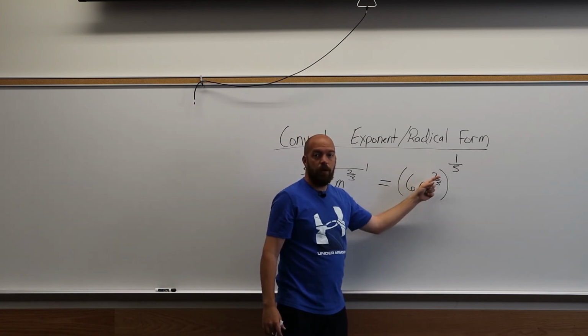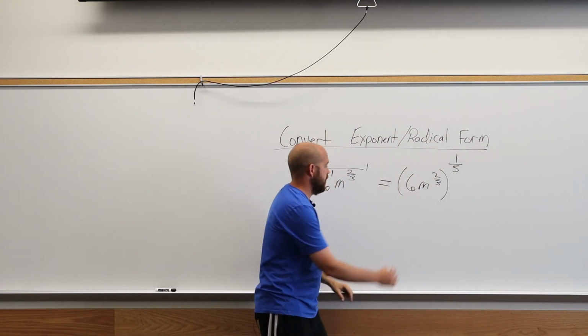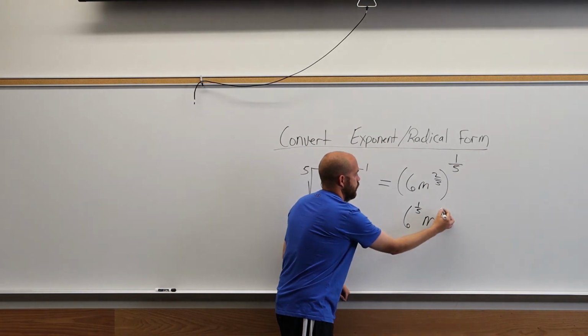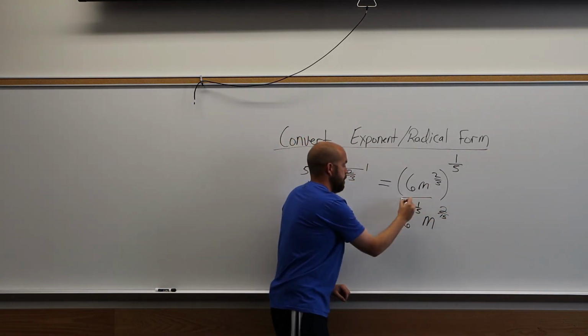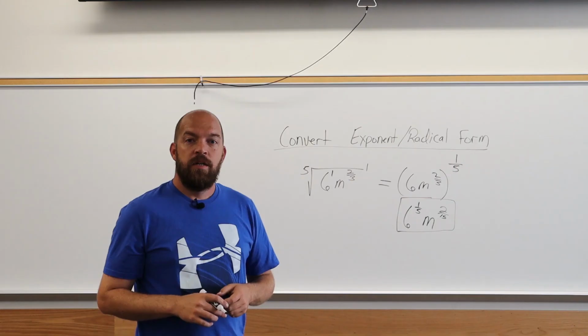Anytime you have a power to a power, I can multiply. So this 1/5 is going to multiply to everything on the inside. This would be 6 to the 1/5, m to the 2/15 power. And now it's converted into exponent form.